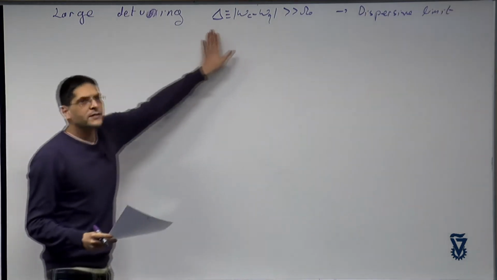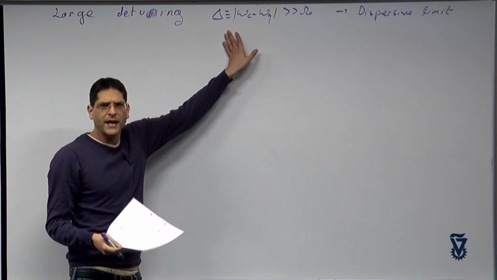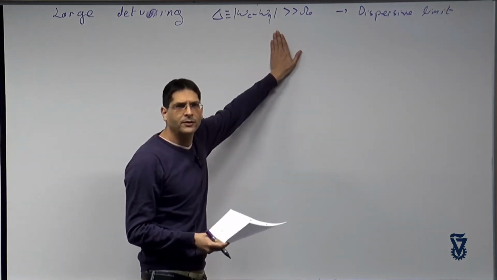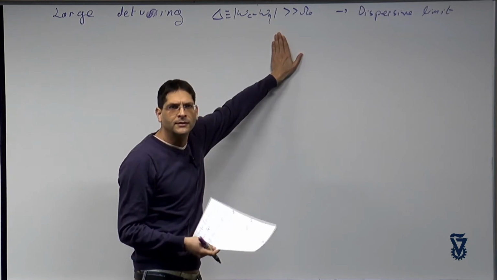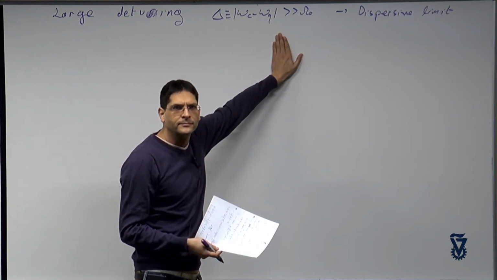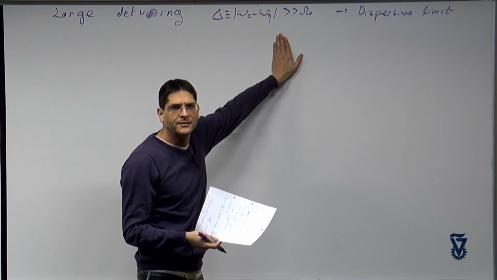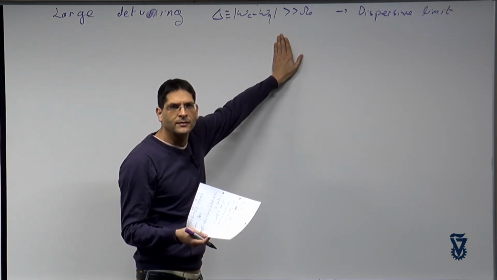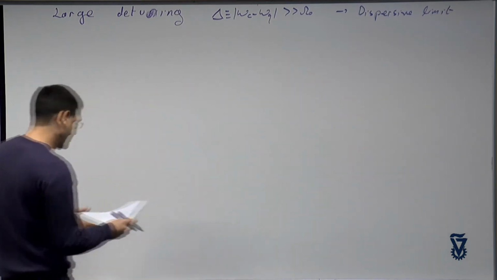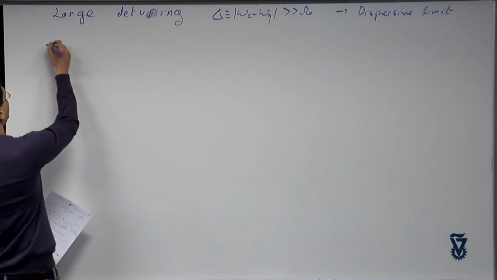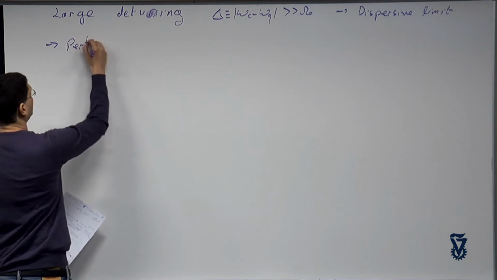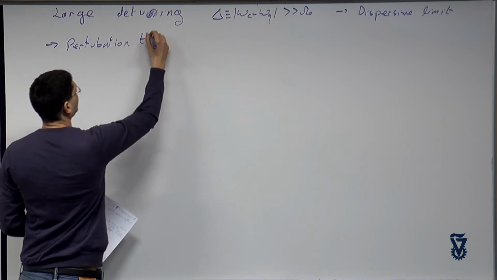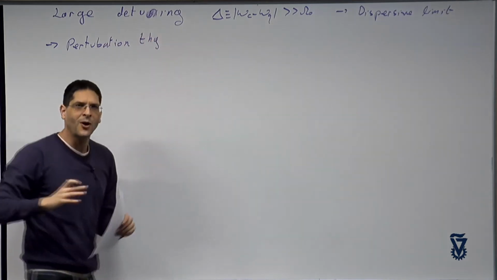And what we're going to do in this limit is what we do every time in physics when we have a large parameter and a small parameter. Anyone? Perturbation theory, exactly. In physics, we don't know how to do many things.